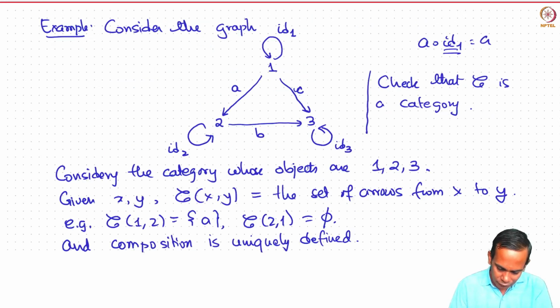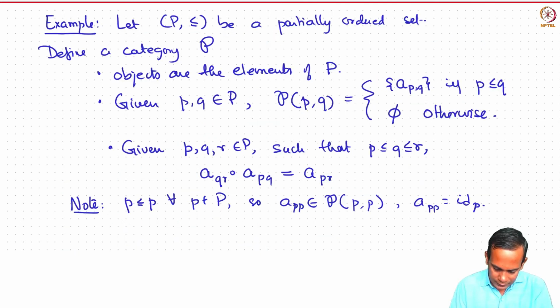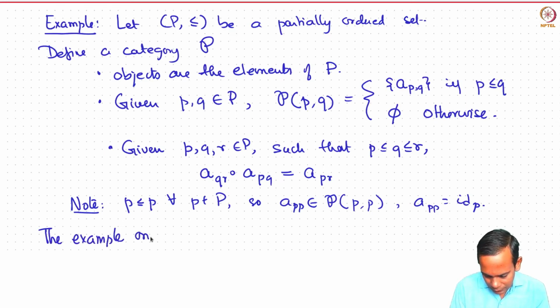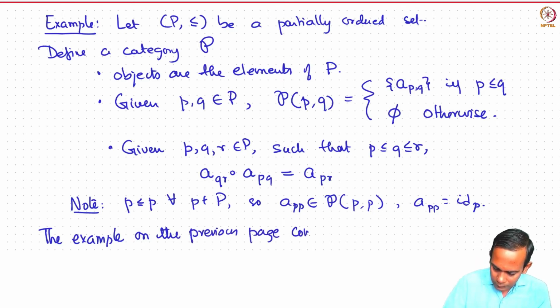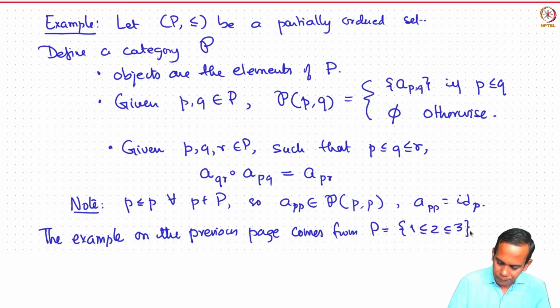Now, this category that I defined in the previous example is a special case of this category associated to the poset. The example on the previous page comes from the set which has 3 elements, and 1 is less than or equal to 2 is less than or equal to 3. It's a total order on 1, 2, 3, and of course 1 is also less than or equal to 3.